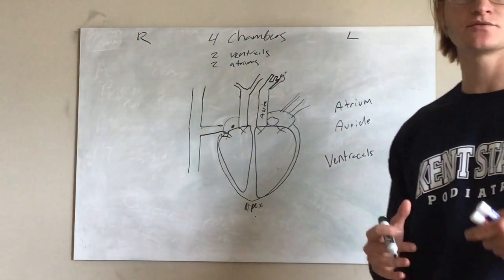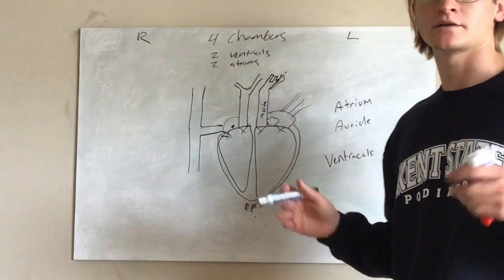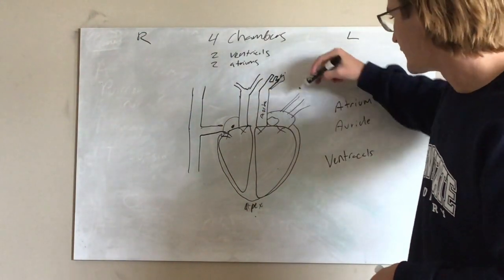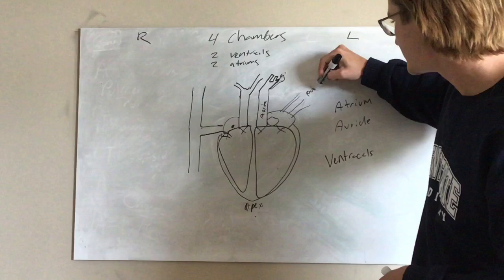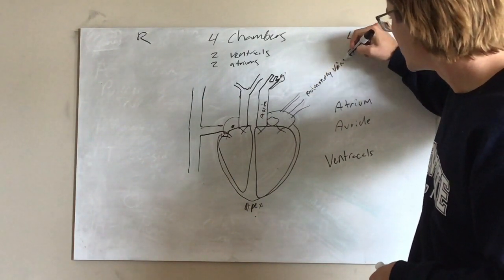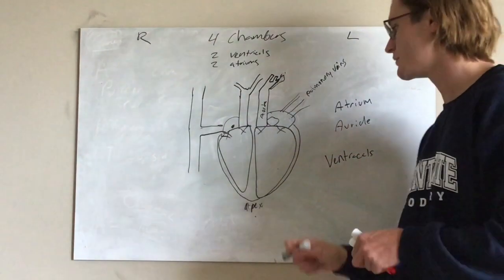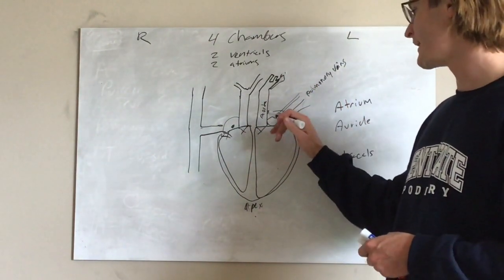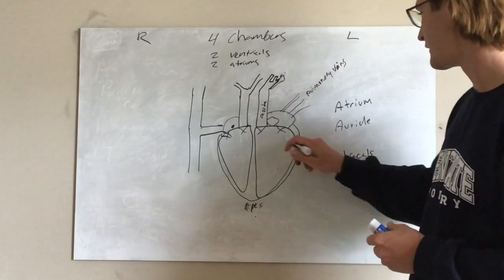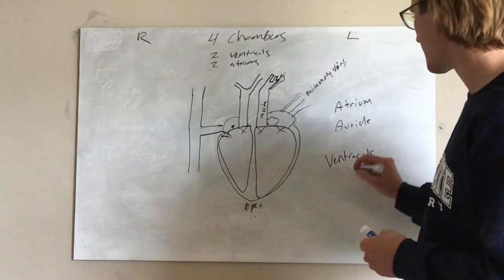The aorta is responsible for pumping oxygenated blood throughout our entire body. Then we have the pulmonary veins right here, which pump oxygenated blood into the atrium, and that opens up this valve, called the bicuspid valve.